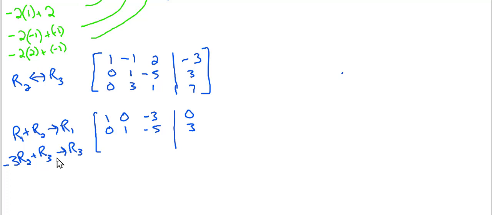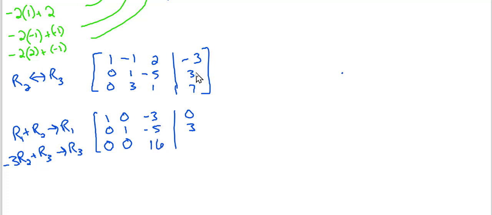The beauty of this is it still leaves a 0 in that first position. Negative 3 times 0 plus 0, still 0. For the second column, negative 3 times 1 plus 3 is 0. Negative 3 times negative 5 is 15, plus 1 is 16.